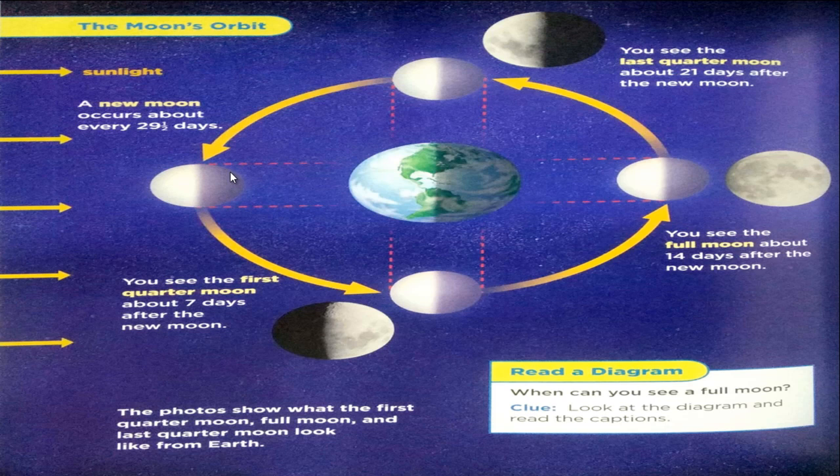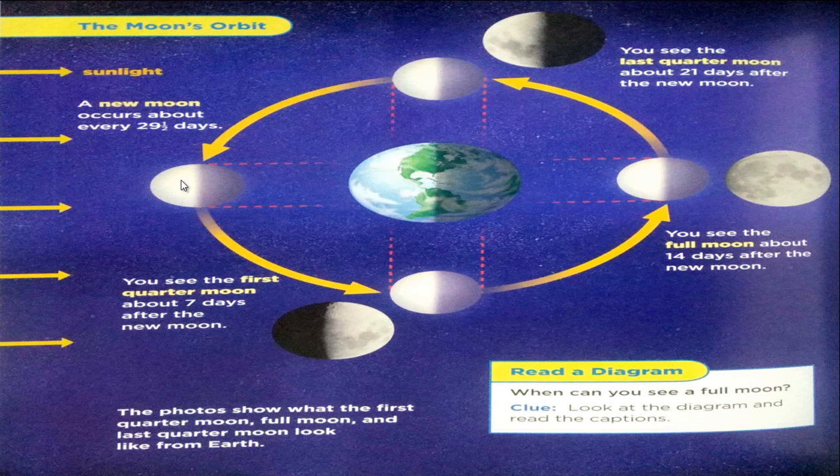When the moon is between Earth and sun, like this is the sunlight and this is the Earth, we can see only the dark side of the moon, and we cannot see any part of the side that is lit by the sun. So we cannot see any moon in the sky, and this is the new moon.